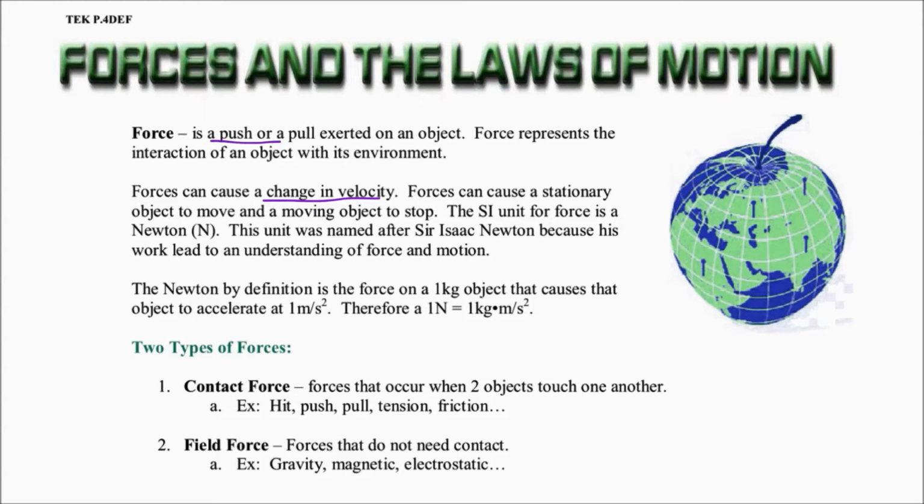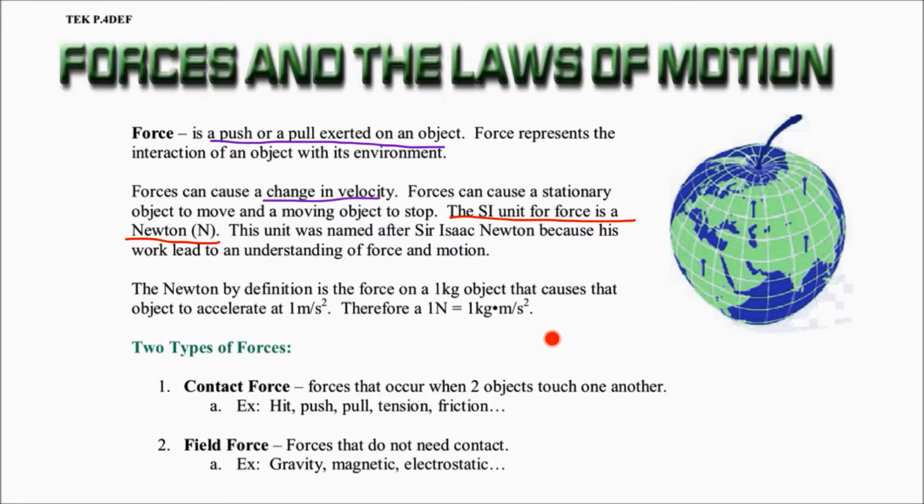Okay, so these are a couple of things that you need to know for sure. A push or pull can cause a change in velocity. The SI, or standard unit for force, is the Newton. Of course, that's named after Sir Isaac Newton. And then if we're going to define a force, it is going to be a 1 kilogram object accelerating at 1 meter per second squared.